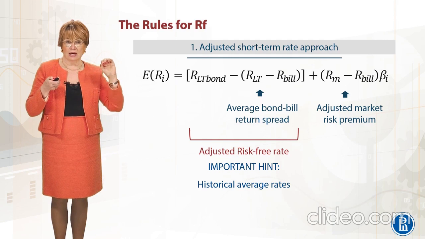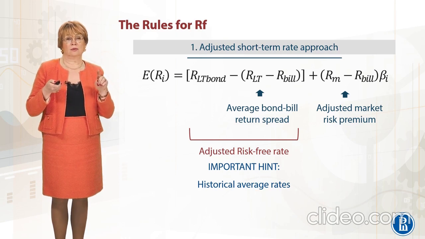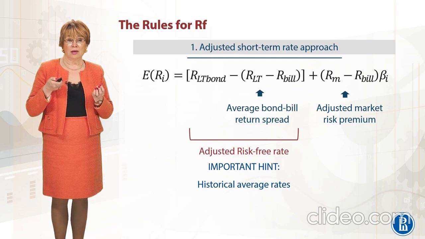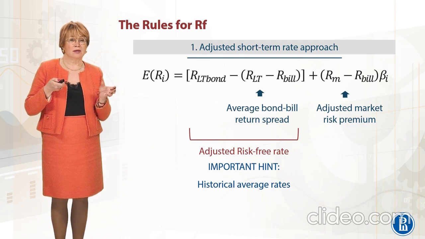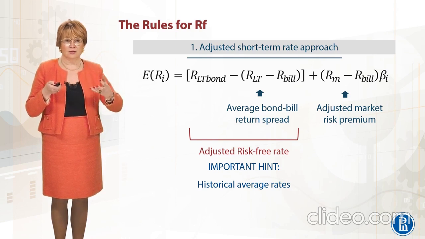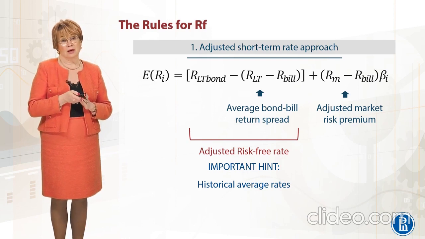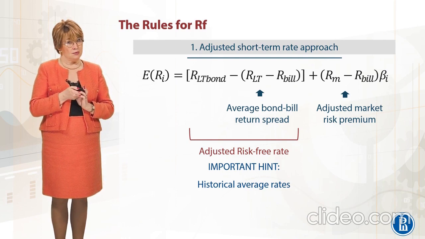So we need to adjust it, and by subtracting the historical average spread between bond and bill returns of the same government, we will escape that error in estimating finally the overall result, which is the expected rate of return on some company stock.